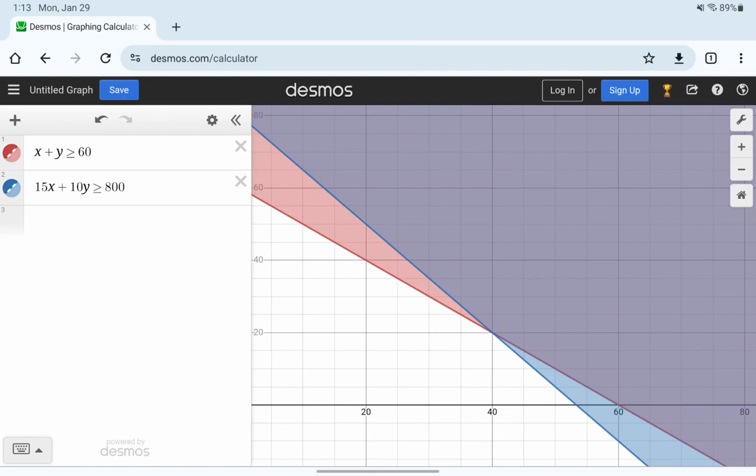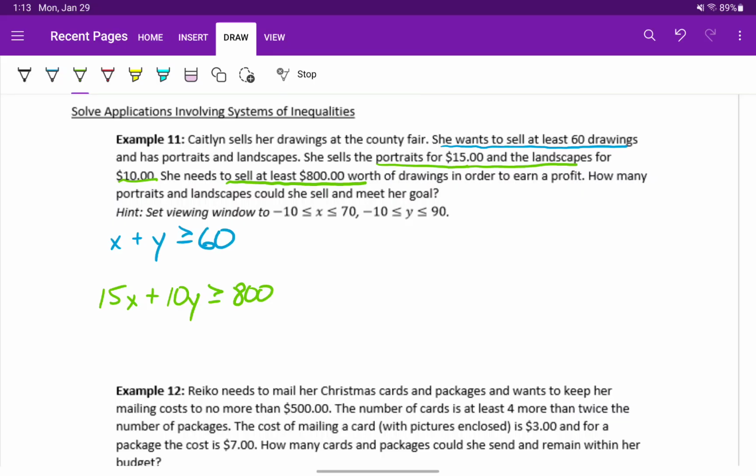But two different people could obviously pick two different answers. For our purposes, we're going to pick (45, 20). That's one possible solution. That rests in that shaded region.